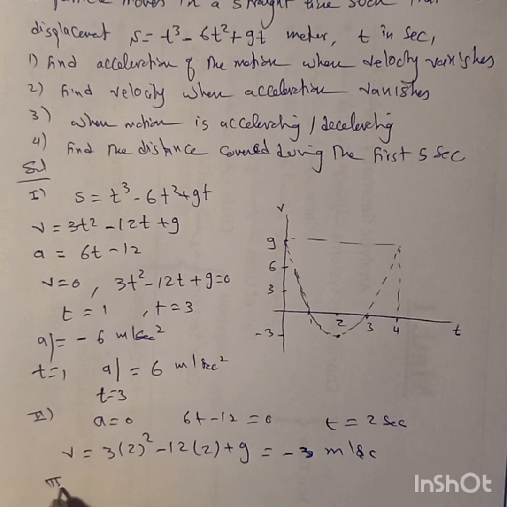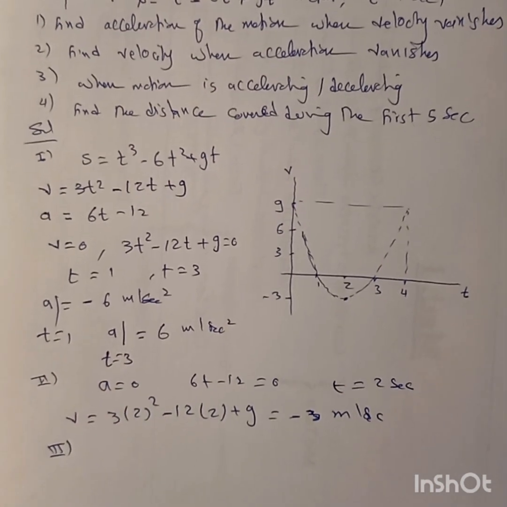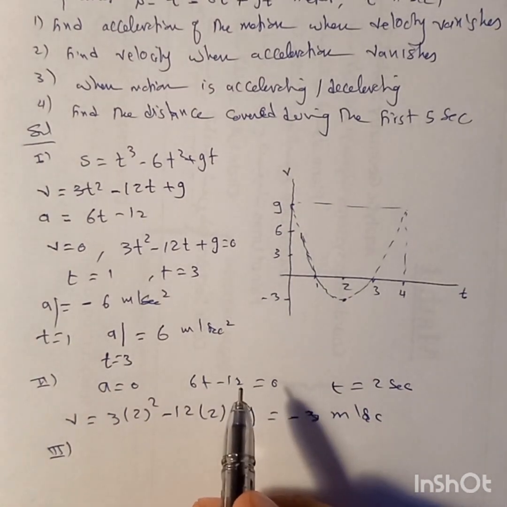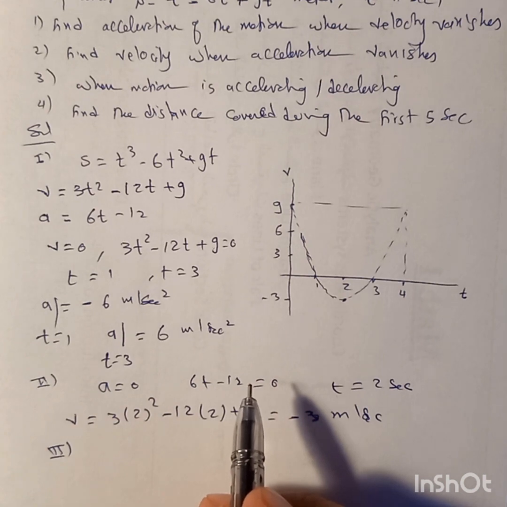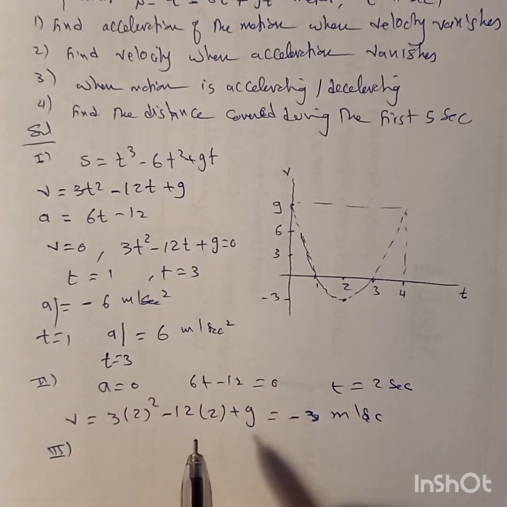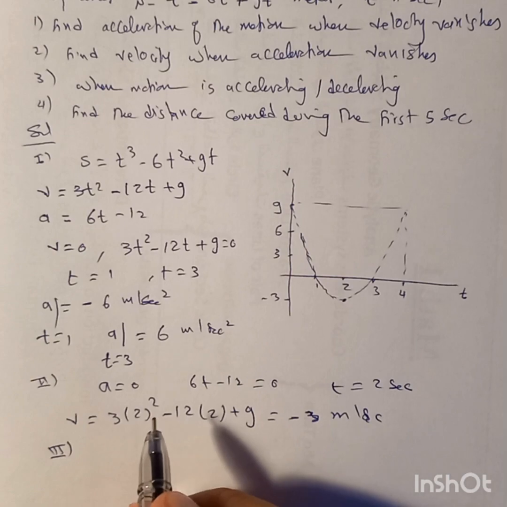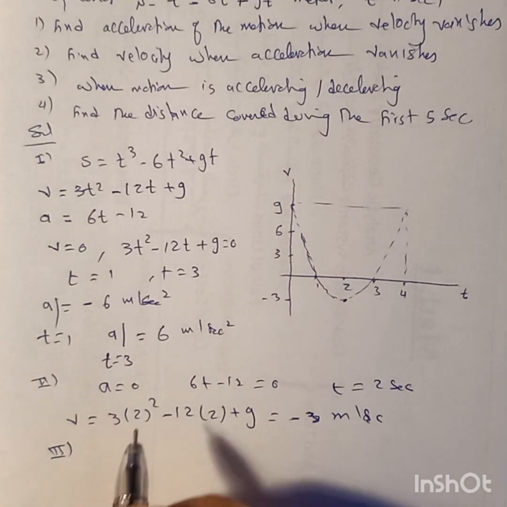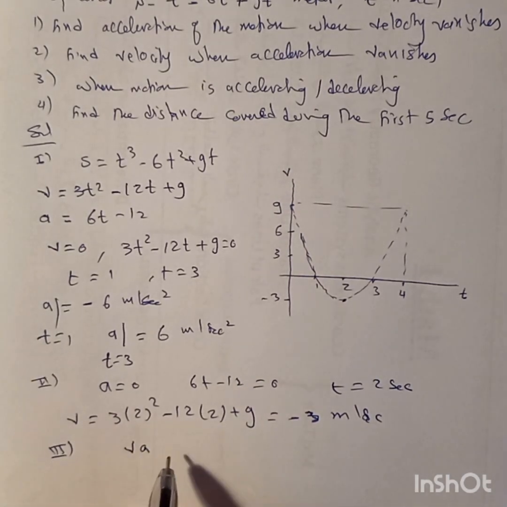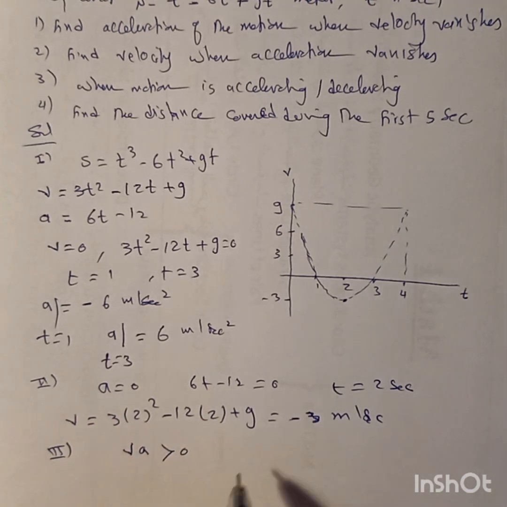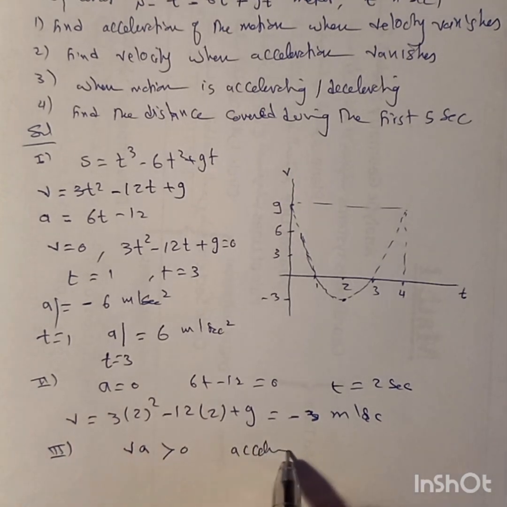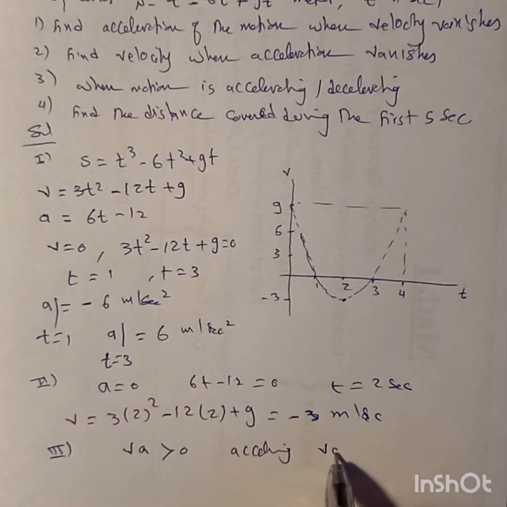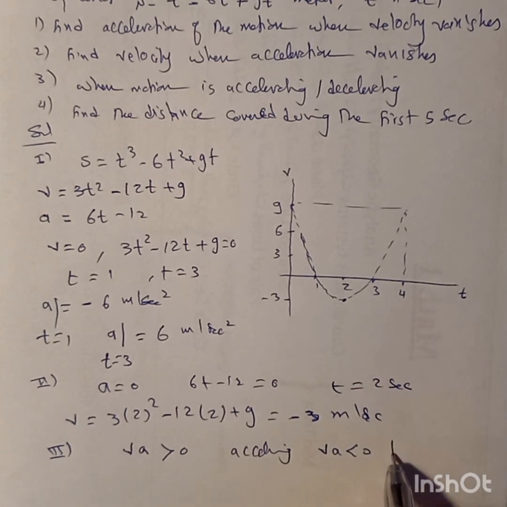For number 3, we need to find when the motion is accelerating and decelerating. To identify this, we check the product v times a. If va is greater than 0, then the motion is accelerating. If va is less than 0, a negative value, then the motion is decelerating.